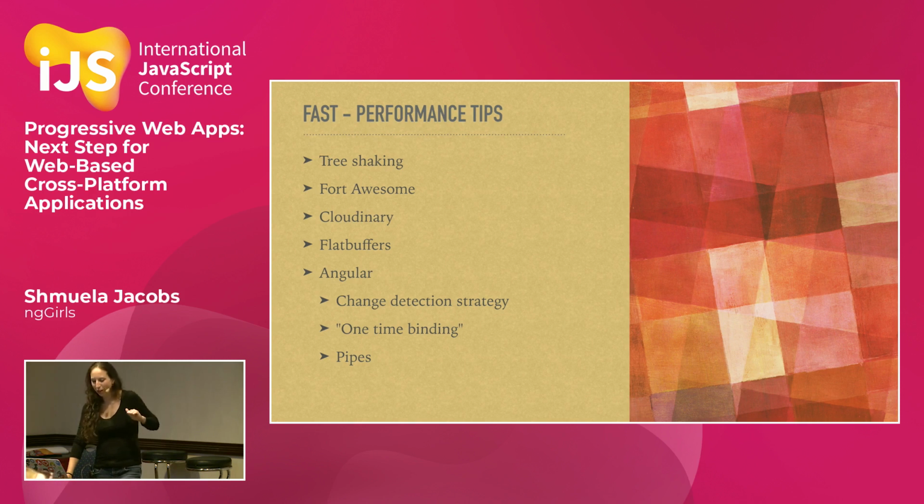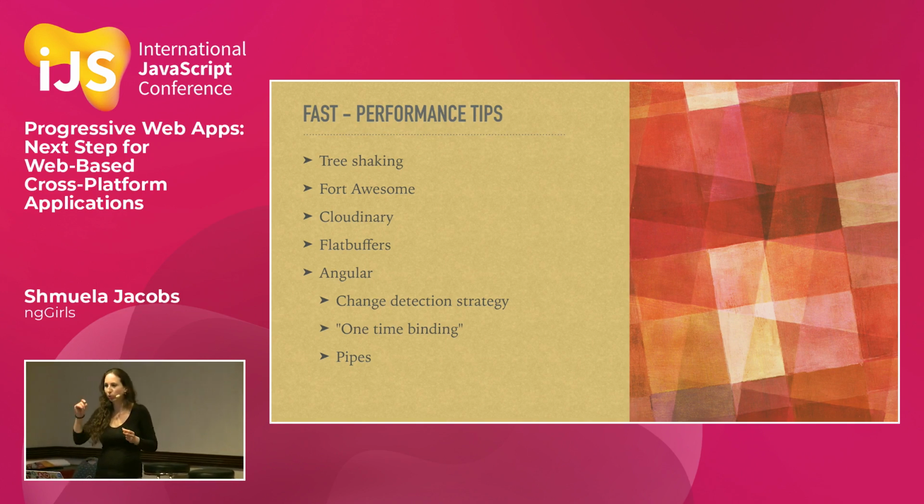So tree shaking, Font Awesome, which is kind of tree shaking for your fonts, Cloudinary for reducing your image sizes and giving the users the image that they need according to their device, FlatBuffers for skipping the serialization of JSONs if you're sending a lot of JSON data, or very large JSON data. Facebook, for example, uses it for all the posts and comments that you load.